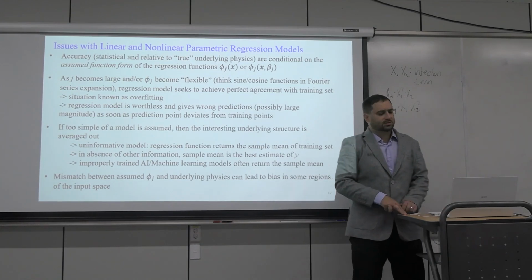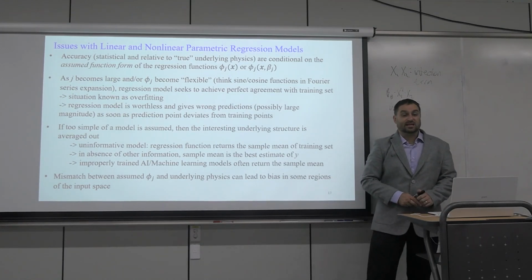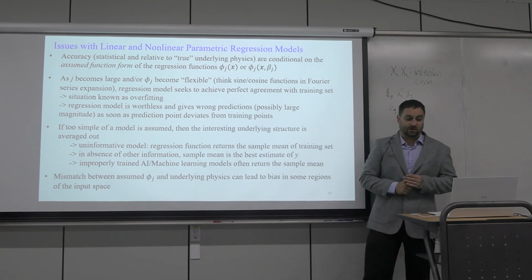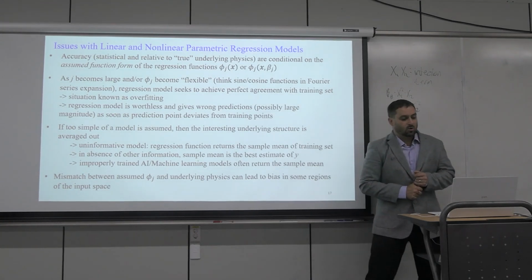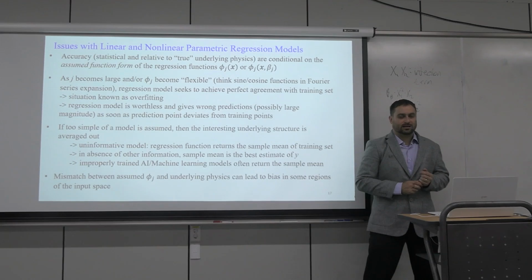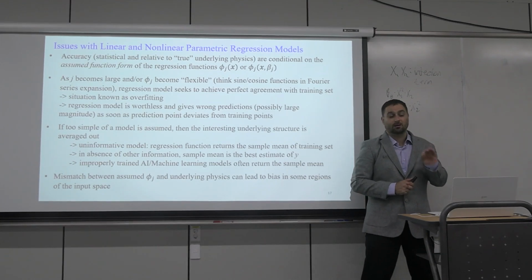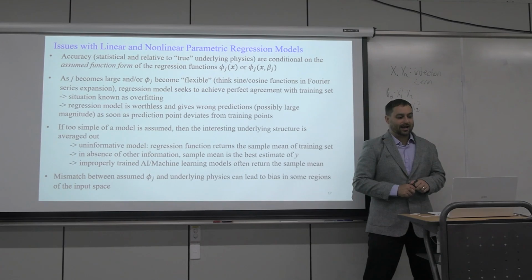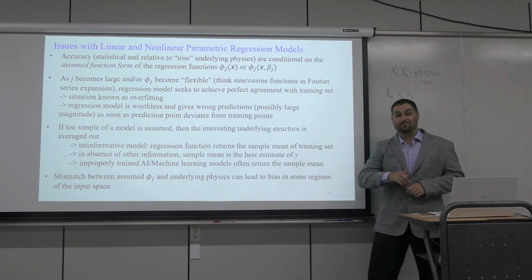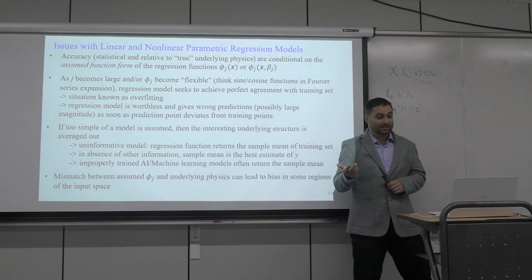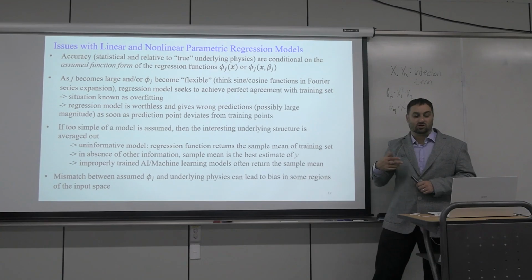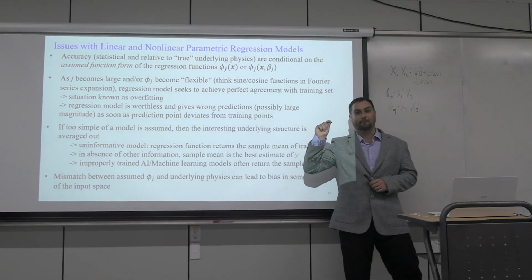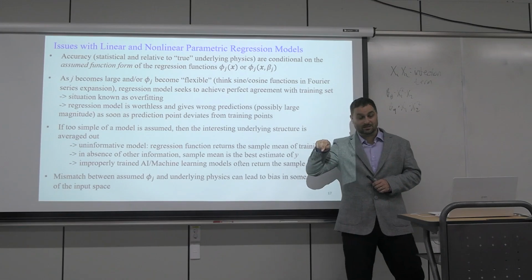Now let's briefly discuss some of the issues with linear and nonlinear parametric regression models. When we do regression, we should be primarily concerned about accuracy. There can be statistical accuracy, and we also want to know how the model matches our data points.